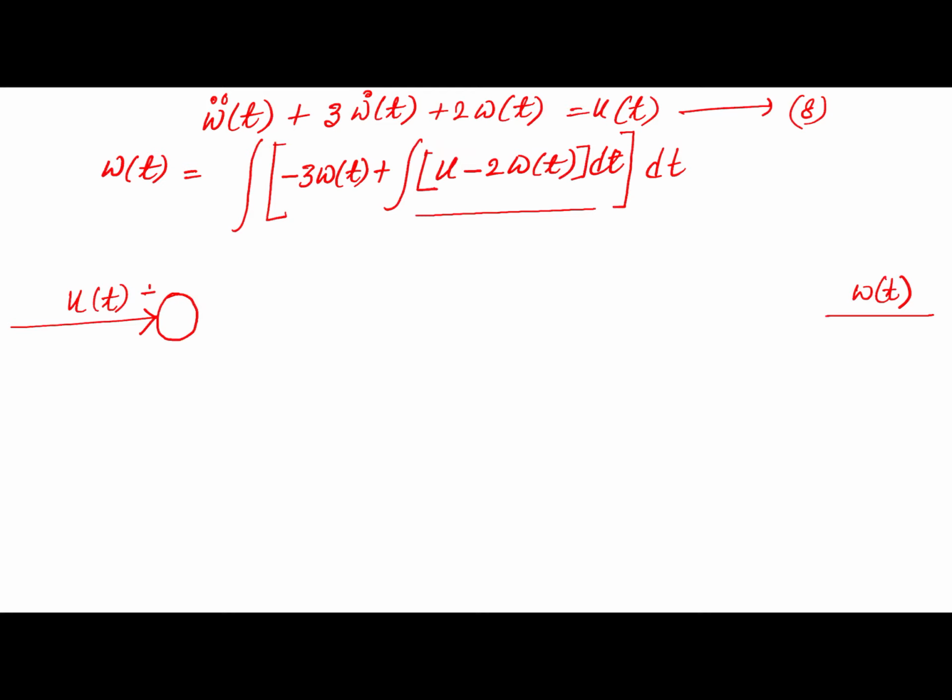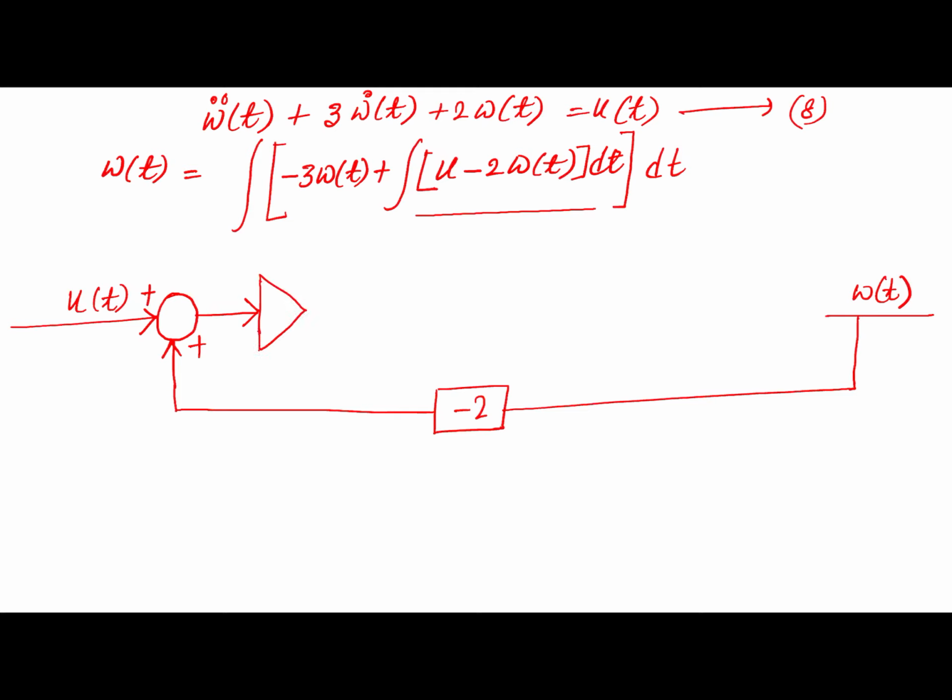First component to the summer is u and the second component is minus 2 times of omega. The output of the summer will be integrated, so there is an integrator.